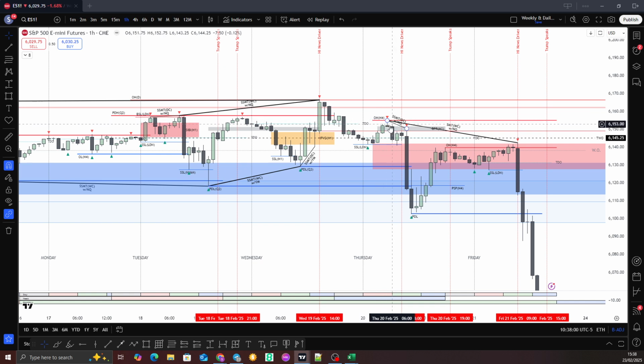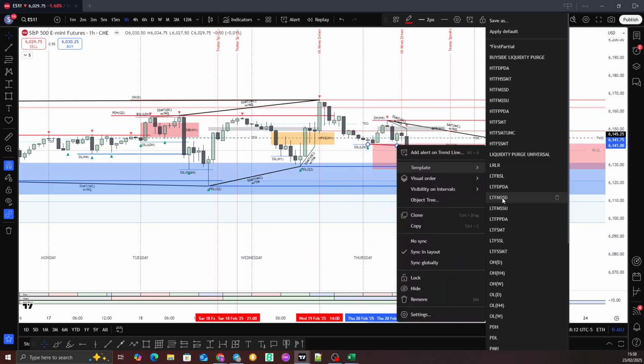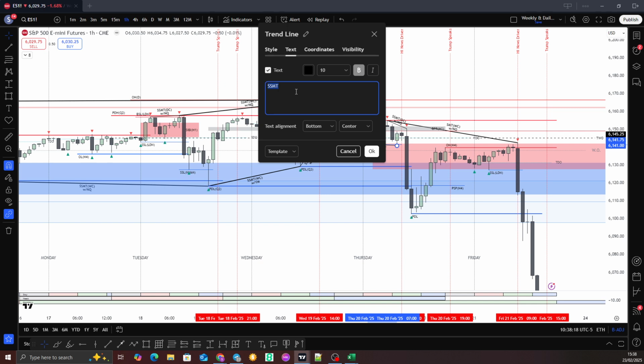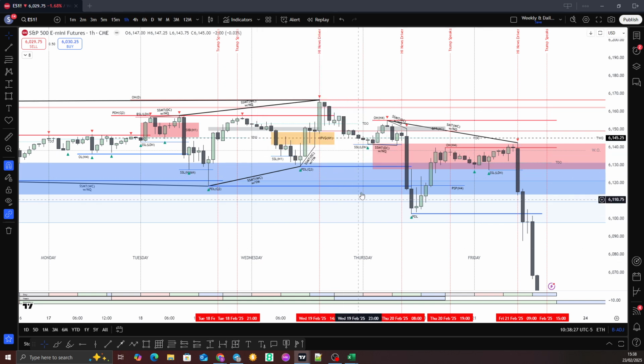So ultimately, the market here reprices lower, purges this low, and in actual fact, it purged the low, and we have a low time frame SMT in there. Okay, and then that initiates the market to reprice higher.